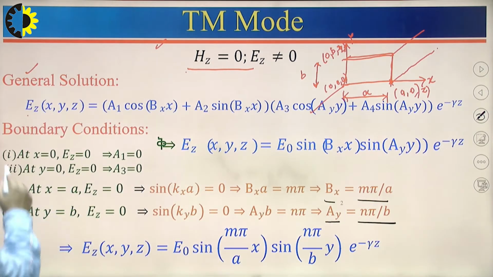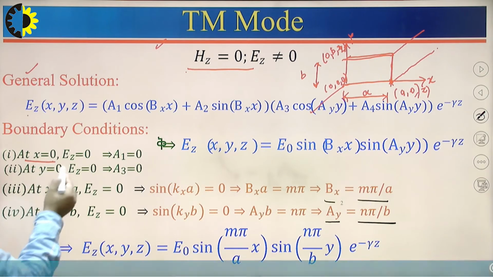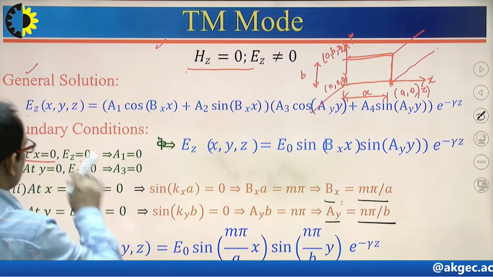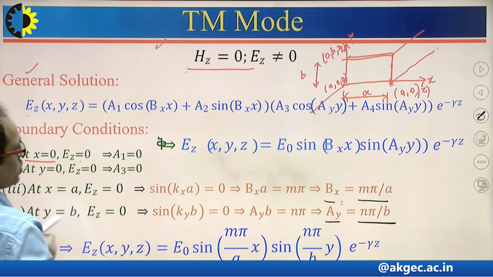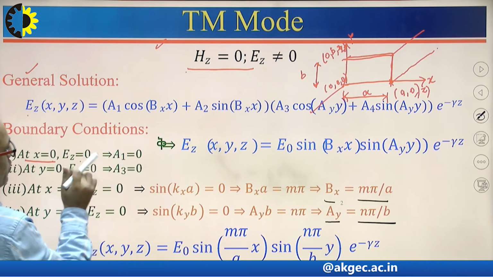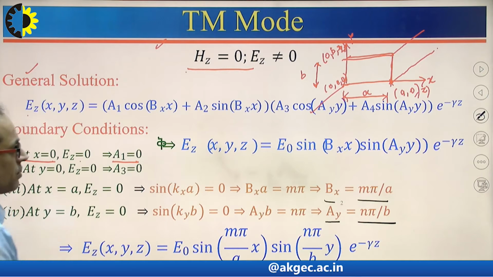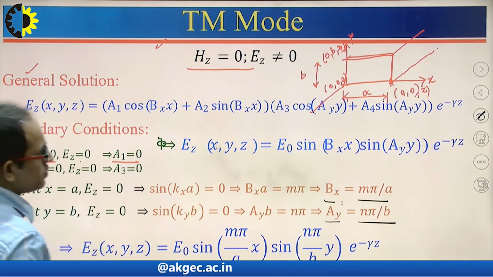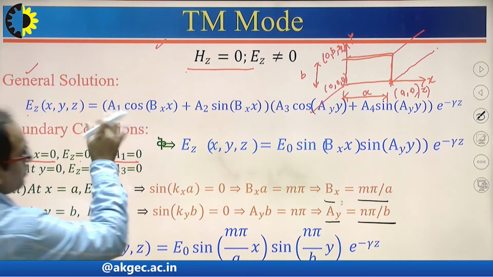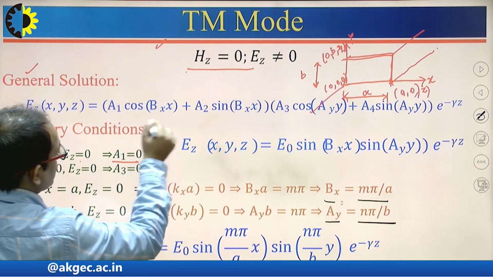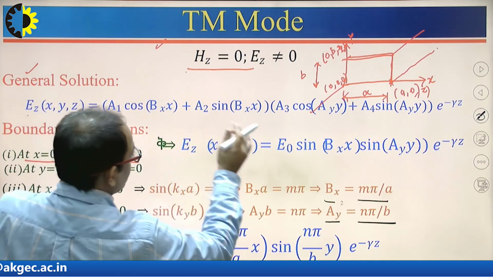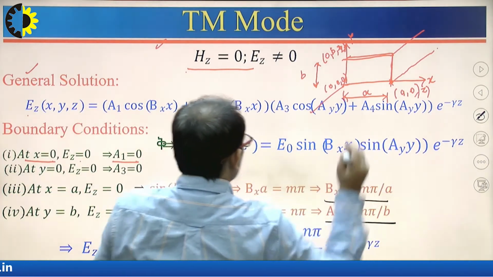So at x equal to 0, Ez becomes equal to 0, therefore the coefficient A1 comes out to be 0. When A1 comes out to be 0, on putting this A1, we will get this solution.